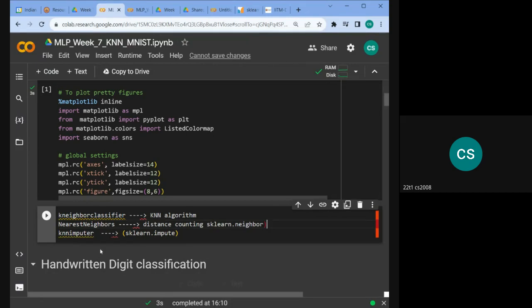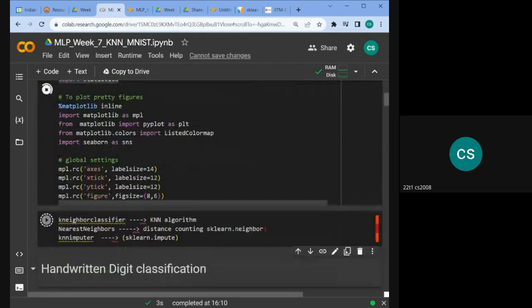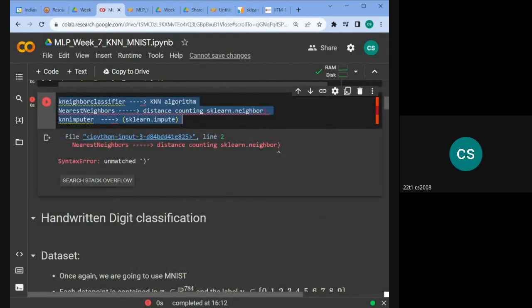So NearestNeighbors will give you the distances and indices of the nearest points to the one you want to find. Let's say we have this data set. But sir, he created an object using this. Yes, we have to create an object, right?